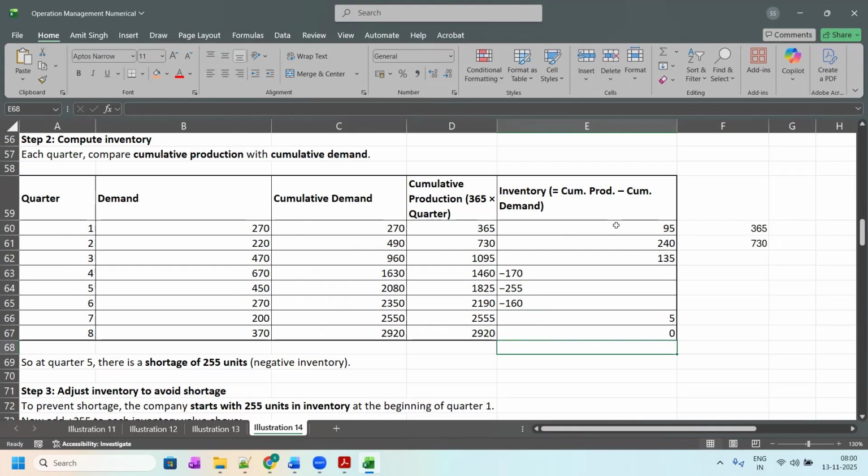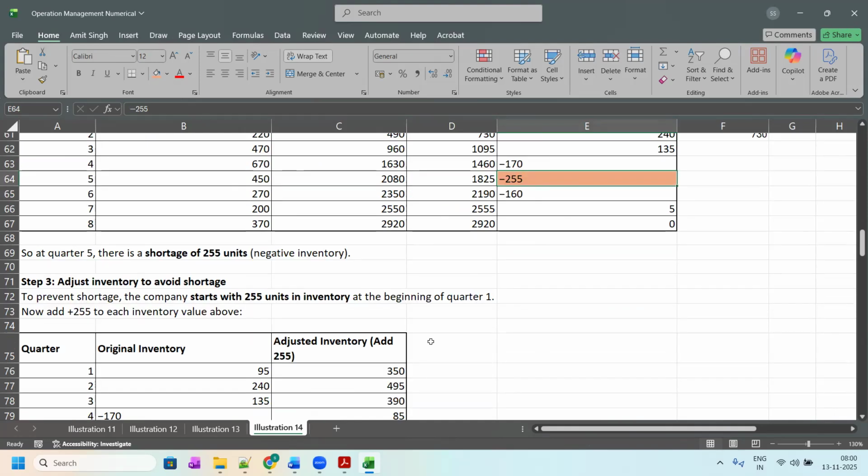Because 365 is your average demand. Here you can see that whatever your demand requirement is, it got fulfilled. In quarter 5 we had the maximum negative inventory, a shortage of 255 units.